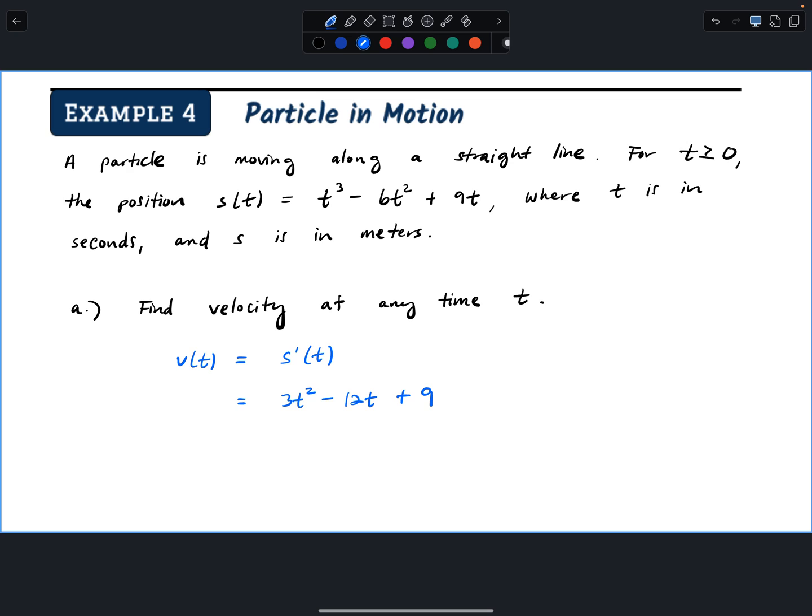Now, because this is the velocity, this is a rate of change. Okay, so what is the units here? Meters per second, good. And then if you're not sure, just think about it, guys. Seconds per meter, does that even make sense? No. Meters per second.